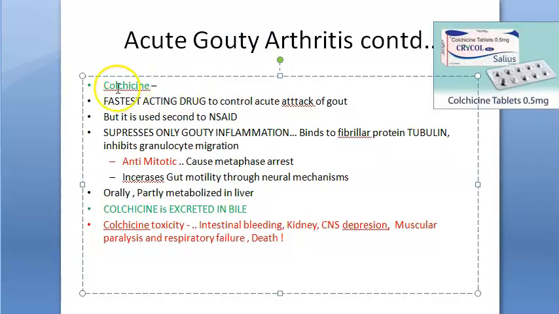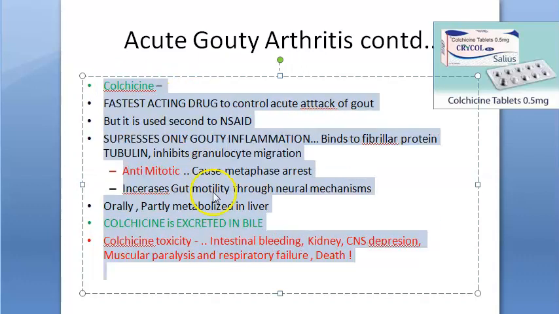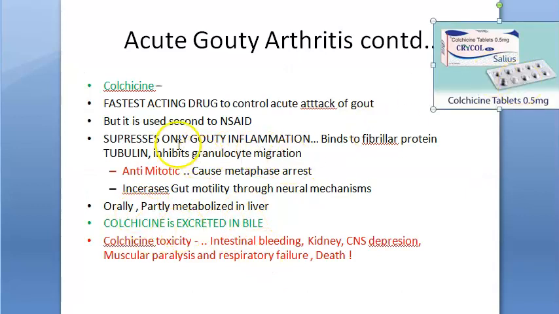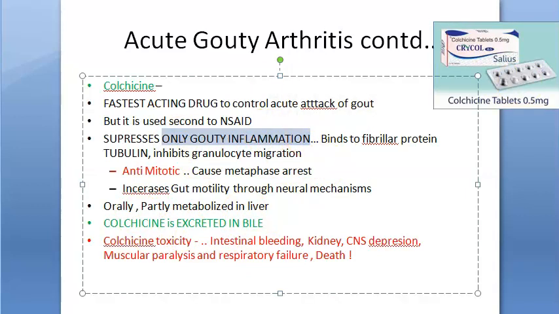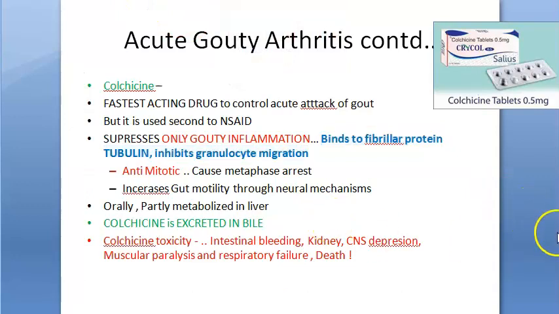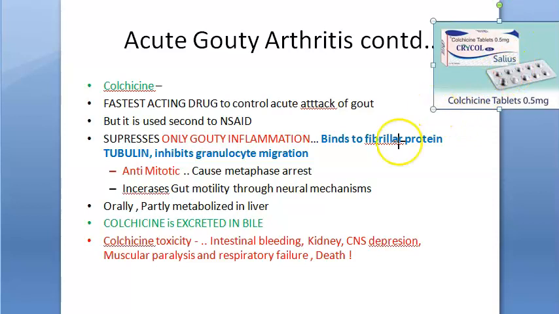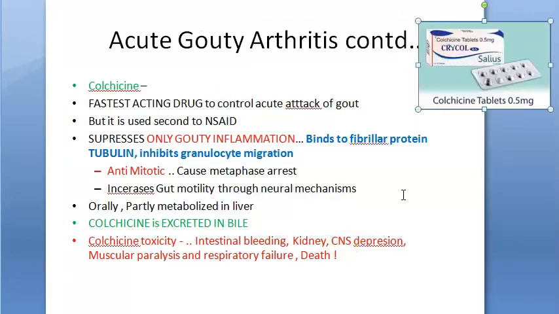Then we saw colchicine, the fastest acting drug. It suppresses only gouty inflammation, so you can give it only for gouty inflammation. It binds to the fibrillar protein tubulin and inhibits granulocyte migration. This is the main action, you should know this. Colchicine is excreted in bile.